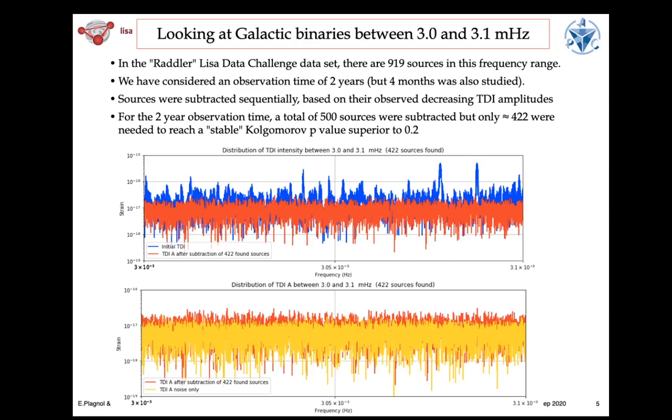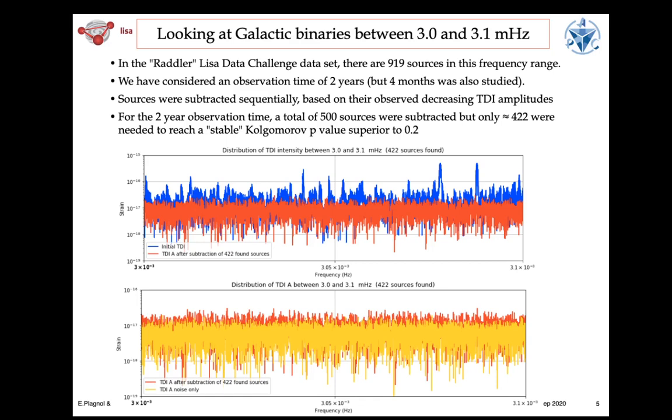Now, for the 2-year observation time, a total of 500 sources were subtracted, but only 422 were needed to reach a stable Kolmogorov p-value superior to 0.2, as was mentioned in the previous slide.